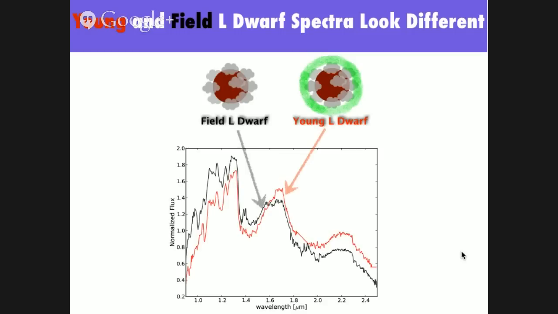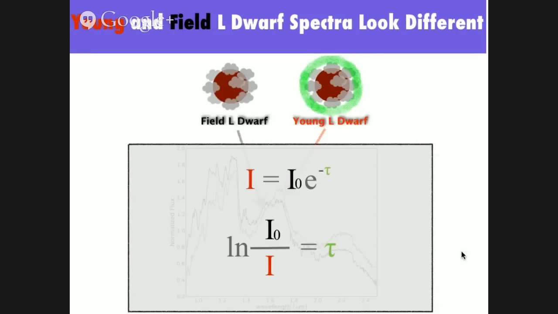Morocco et al. 2013 did a very similar analysis, but we did things differently. Here we're assuming that the field and young dwarfs are identical except for the dust haze. So we want to isolate the effect of the dust haze.